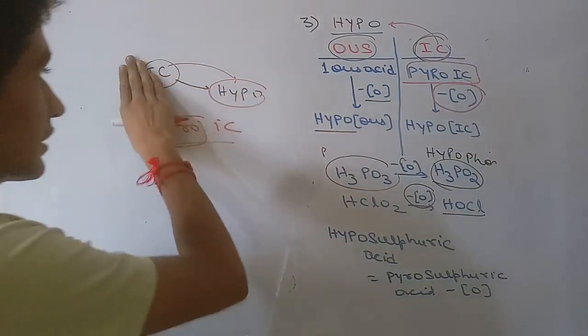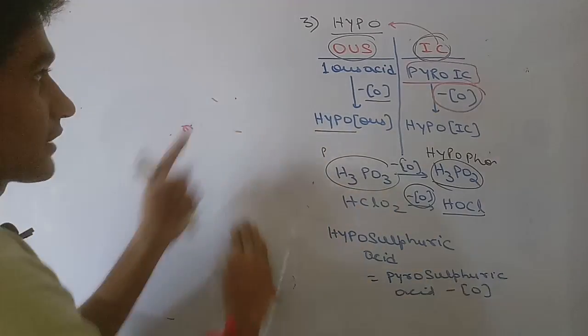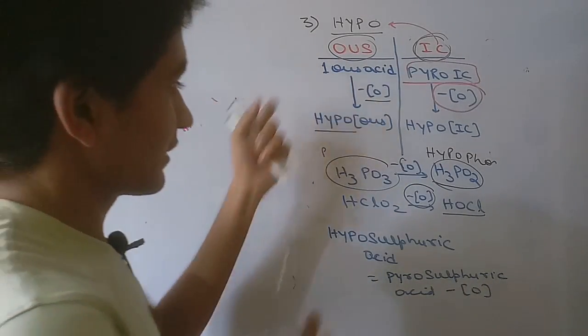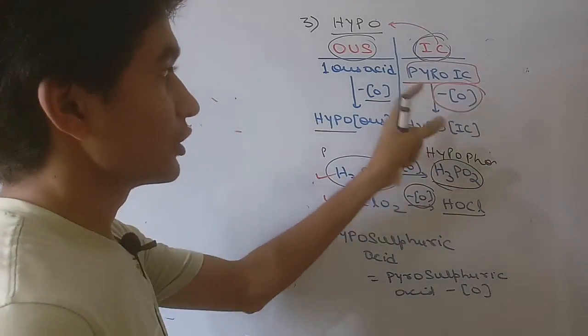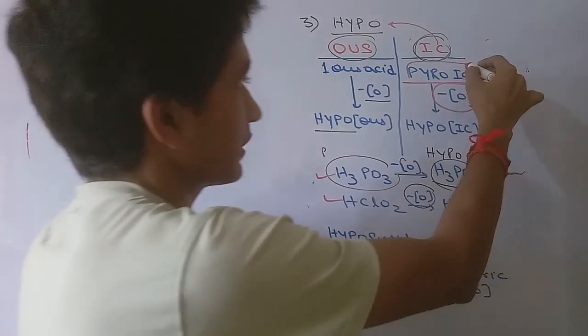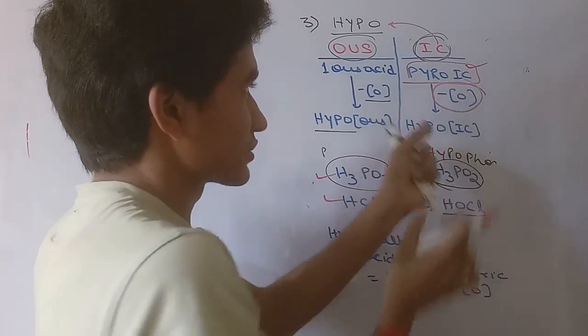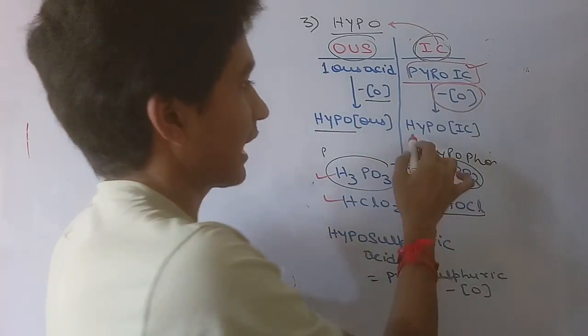Clear? So the concepts are different for ous and ic. In ous, simply take an ous acid and subtract 1 oxygen, you will get hypo-ous. But in the case of an ic acid, you first convert it into pyro-ic and then subtract 1 oxygen from that pyro-ic, and you will get hypo-ic.